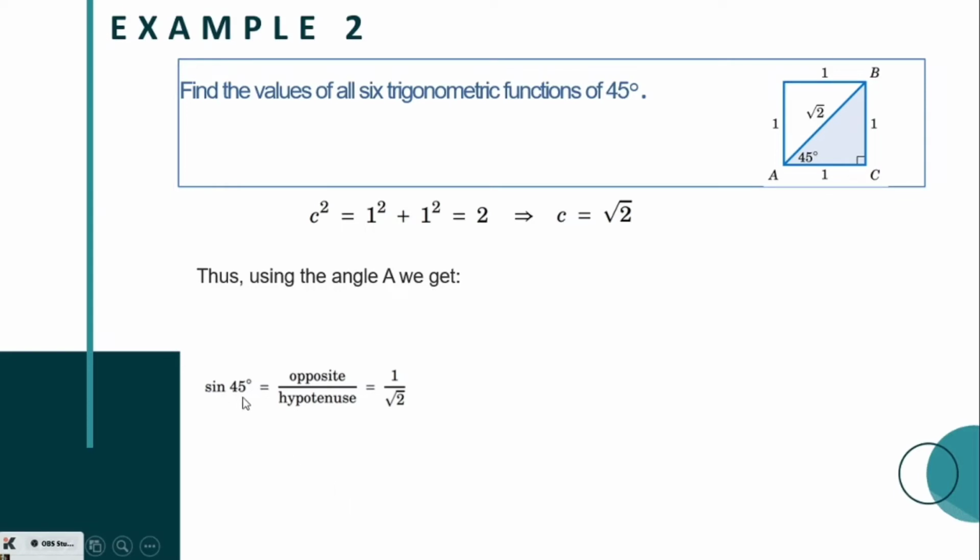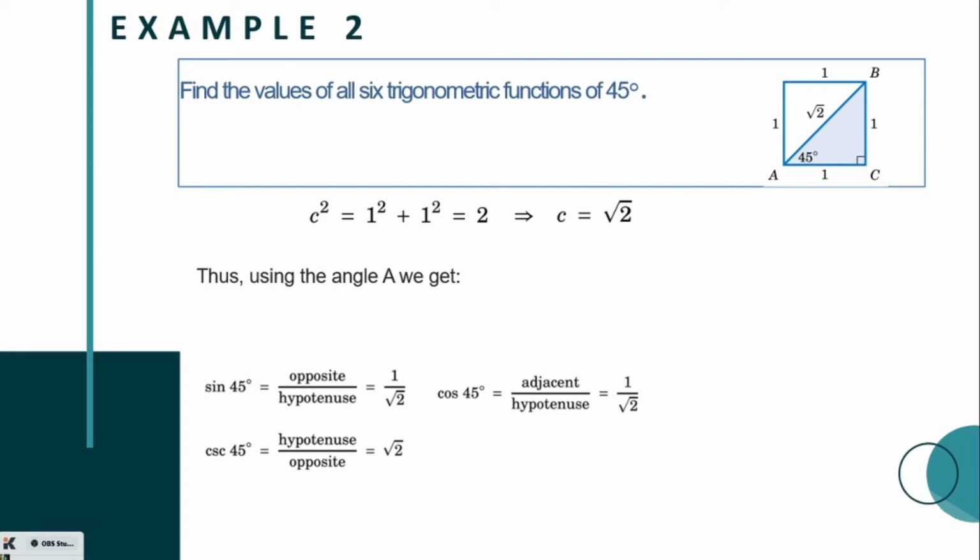So sine 45 degrees is equal to 1 over square root of 2. And then for cosecant of 45 degrees, that's just equal to the hypotenuse, which is square root of 2, over the opposite, which is 1. So that's just equal to square root of 2.